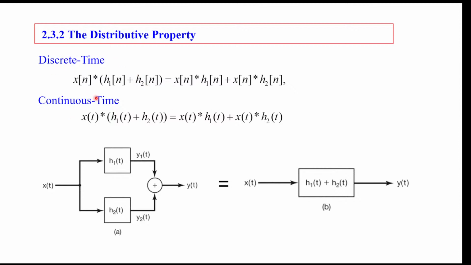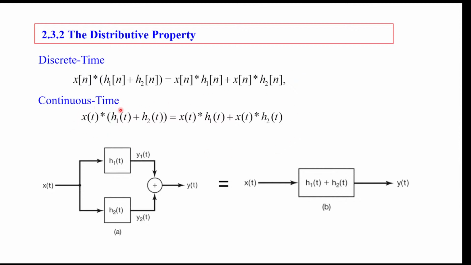It says that if your impulse response is a summation of two impulse responses, so x of n is convolved with h1 of n plus h2 of n, then that is just equal to the summation of the two outputs together: x of n convolved with h1 of n plus x of n convolved with h2 of n.